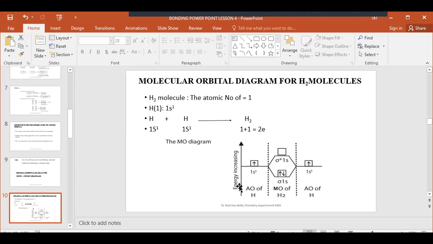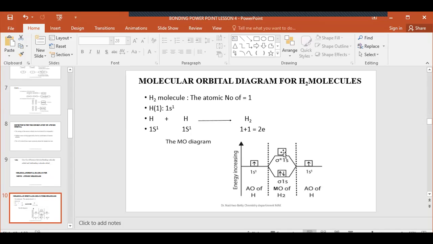Let us look at the bond order. We said it is the number of electrons in the bonding molecular orbital minus the number of electrons in the antibonding molecular orbital. So this is the sigma 1s bonding molecular orbital. It has 2 electrons, minus the electrons in the sigma antibonding molecular orbital, which is 0.